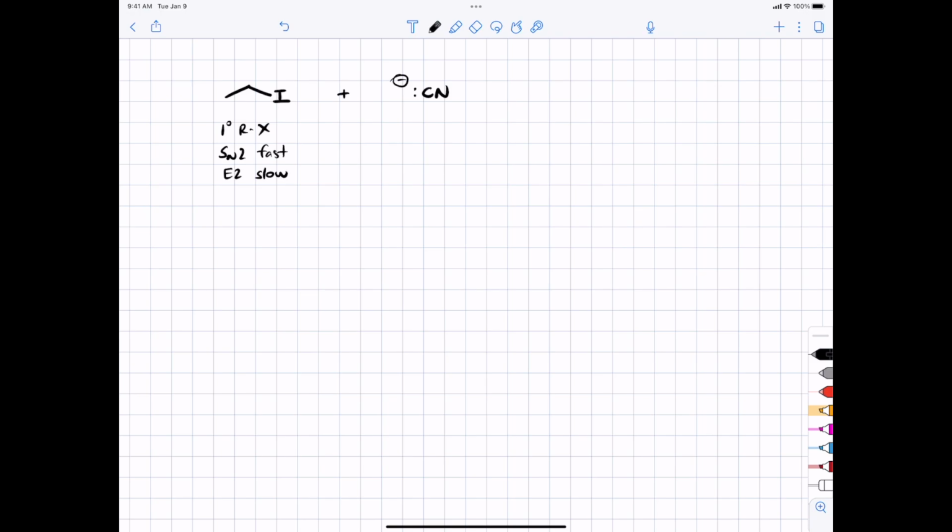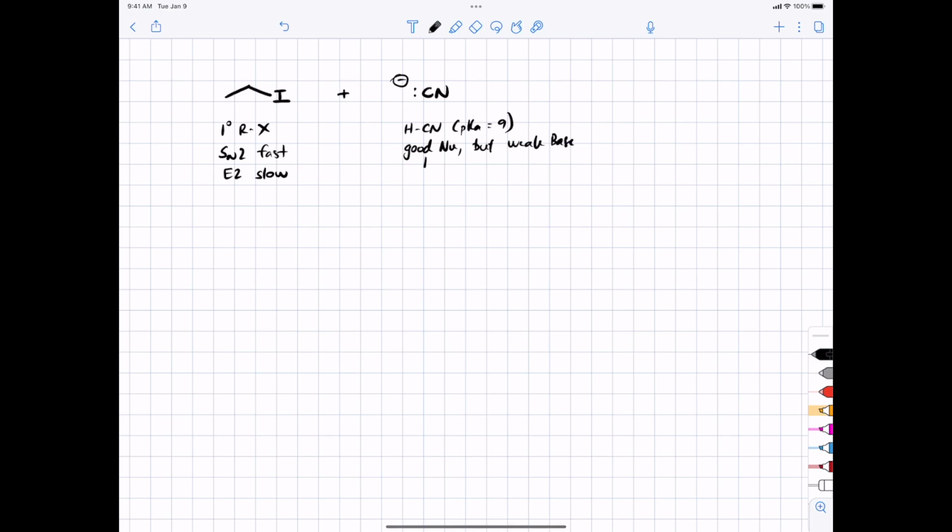Second, if we look at our nucleophile/base, CN- is the conjugate base of HCN, whose pKa is around 9. Therefore, this is a molecule that is a good nucleophile, but a weak base.